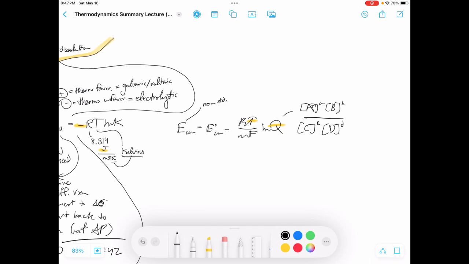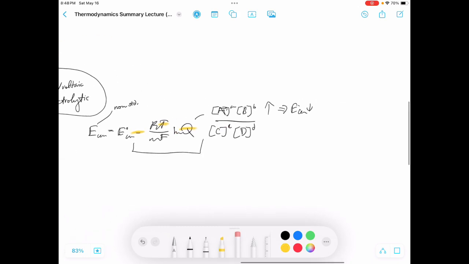And so let's say the product concentration increases. You can think, okay, this whole term is going to increase, and because, remember, this negative sign is going to make E cell decrease. Hold on, I'll write that more clearly.